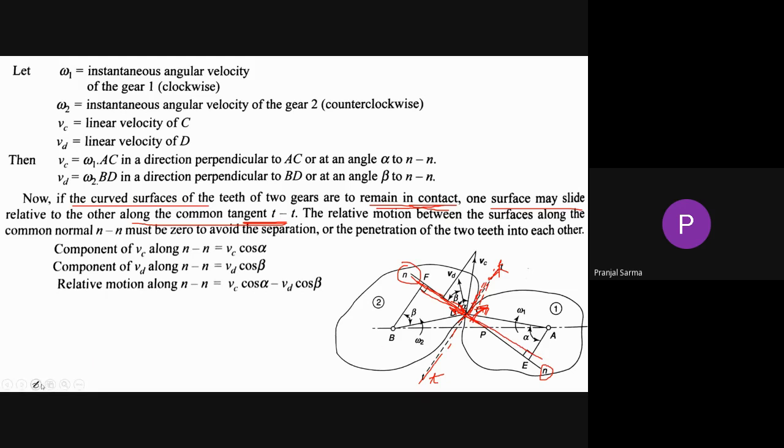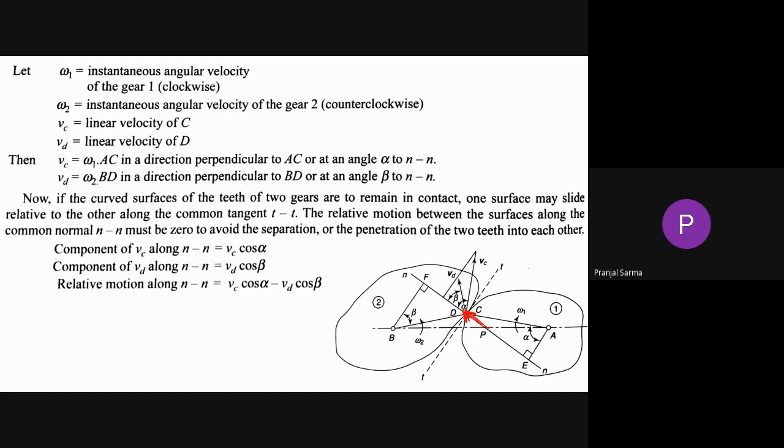Then it is as if this particular body is trying to go inside the other body. And if that is happening, as if the tooth from the mating gear 1 is trying to go inside the root of the mating gear 2, then that is not a desired situation. That means should there be any relative velocity in this particular direction?